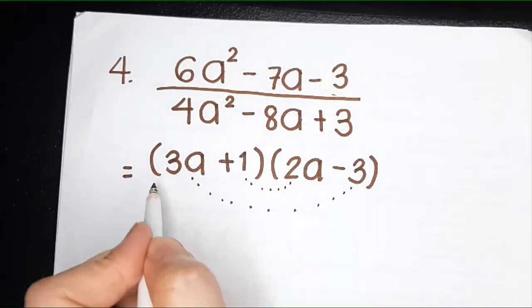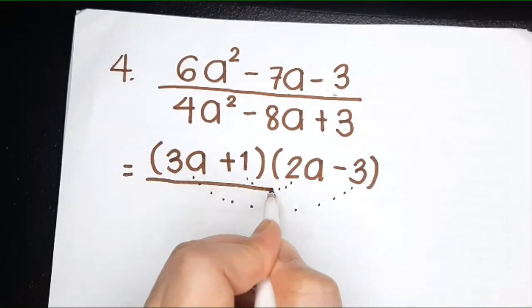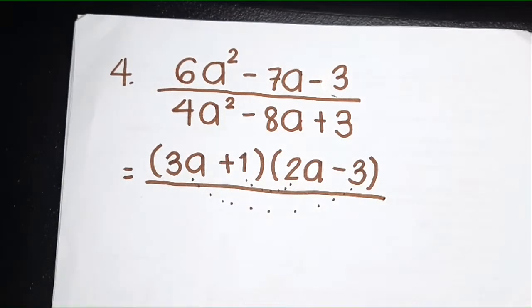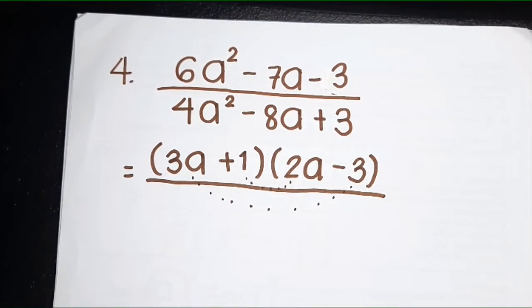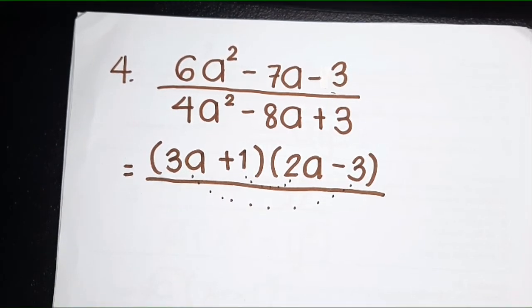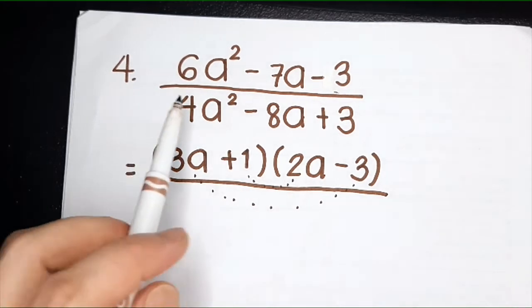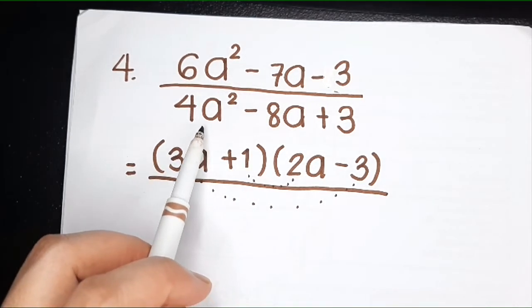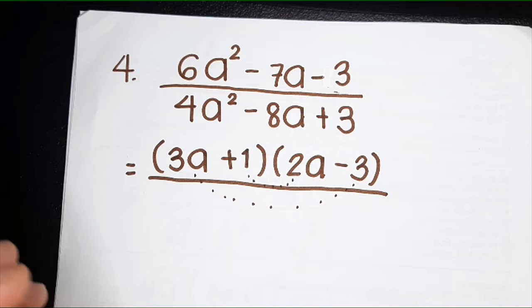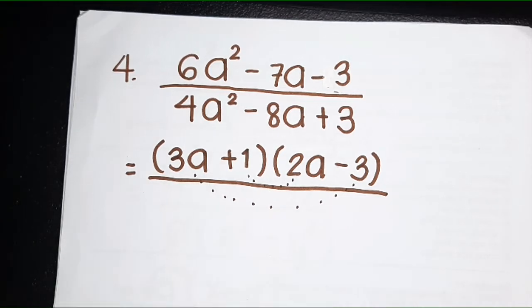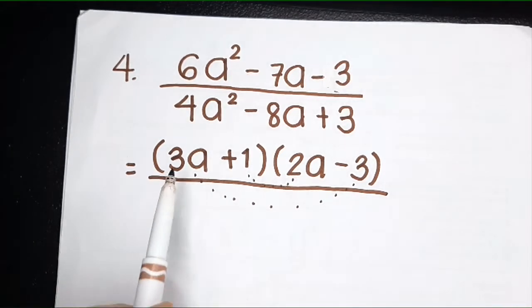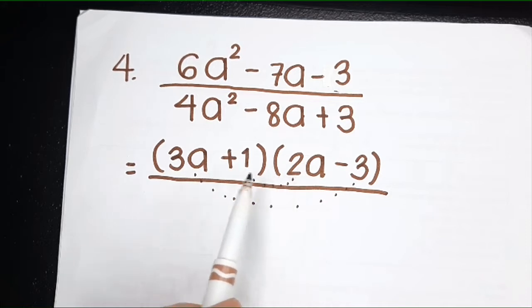Okay, what about our denominator? How do we factor this? Ganito yon, di ba? You have 4a squared. So, it can be 4a times a. Pero hindi yun ang gagamitin ninyo. Kasi wala namang 4a dito sa dalawang to.